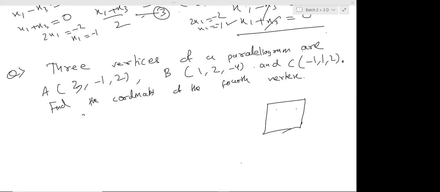All right. We know that the diagonals bisect each other. So midpoint of A and C is same as B and D. That way you can find the fourth vertex.